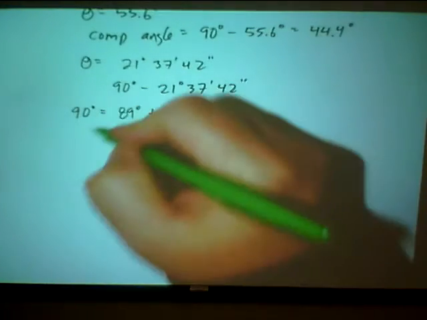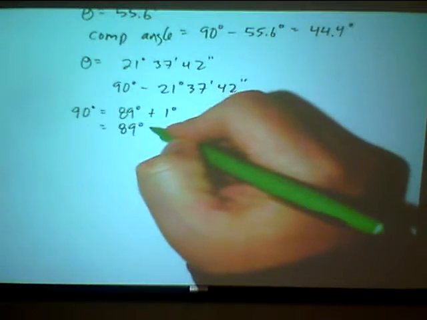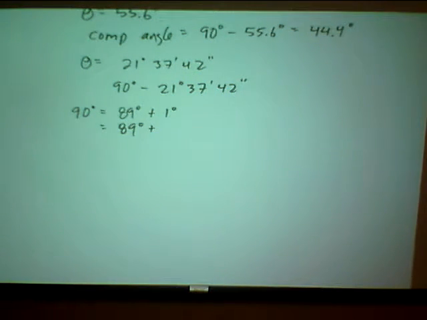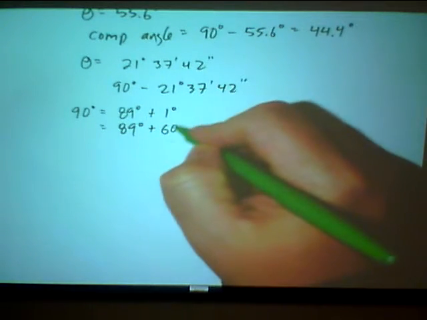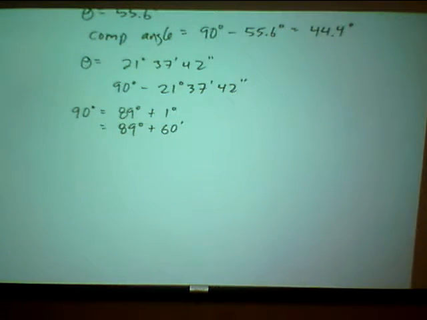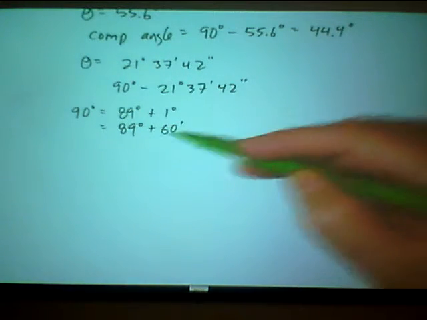And then furthermore, instead of writing 1 degree, I know that 1 degree equals 60 minutes. So instead of writing 1 degree, I'm going to write it as 60 minutes. So I could say 90 degrees equals 89 degrees plus 60 minutes.